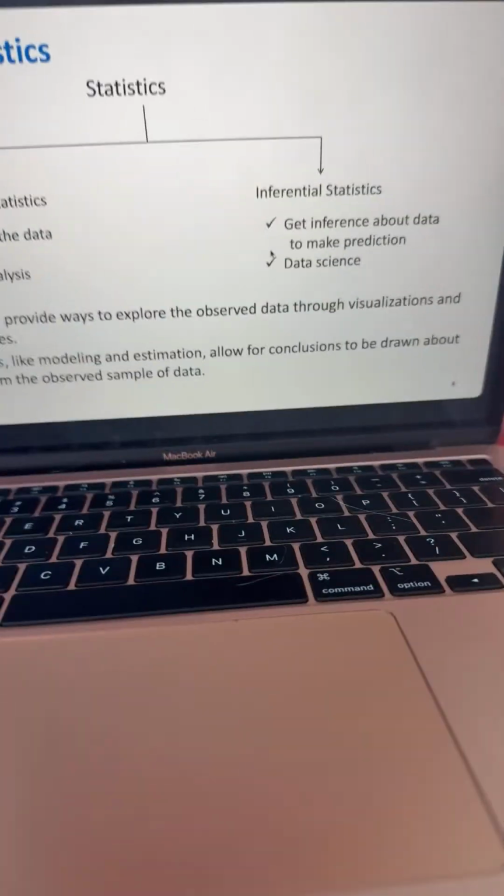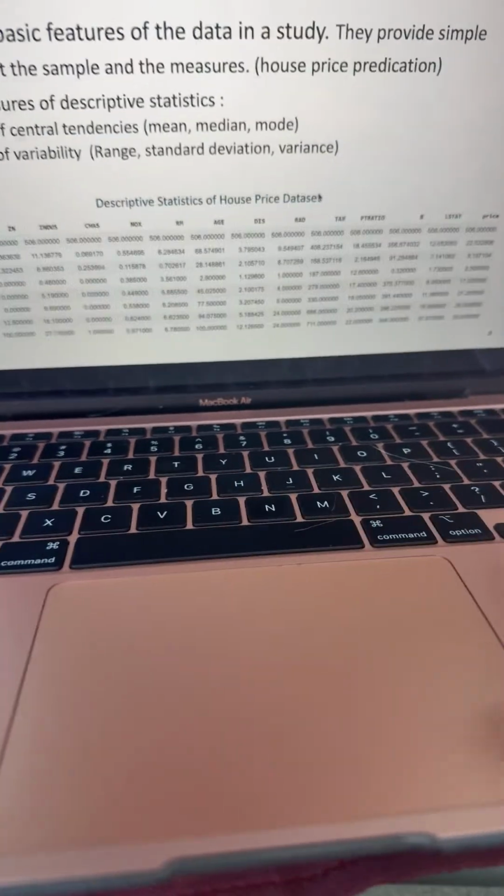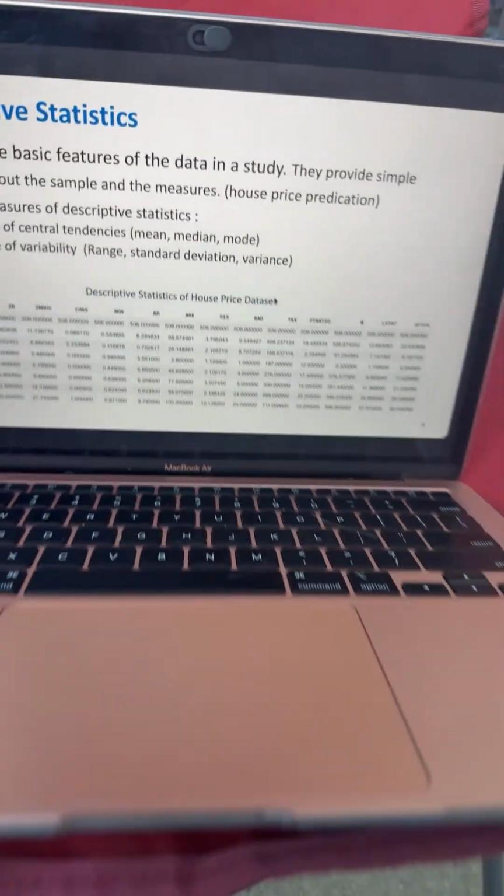And inferential statistics is like modeling and estimation allow for conclusions to be drawn about the population from the observed sample of data. Alright, so descriptive statistics describe the basic features of the data in a study. They provide simple summaries about the sample and the measures. House price prediction.